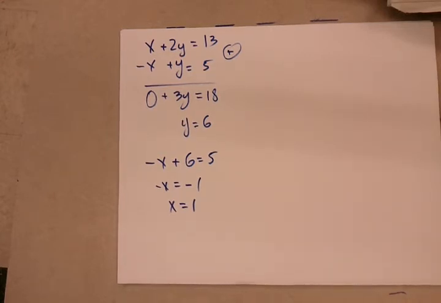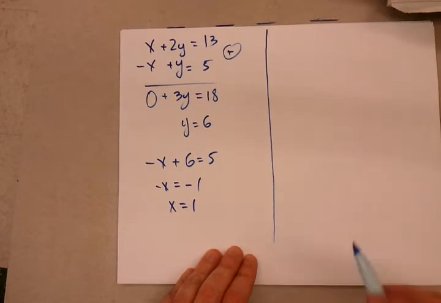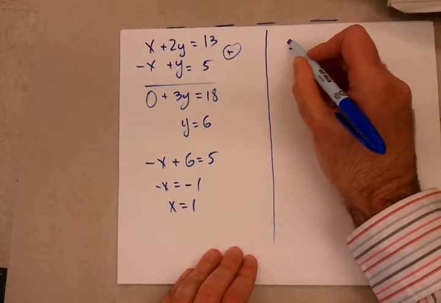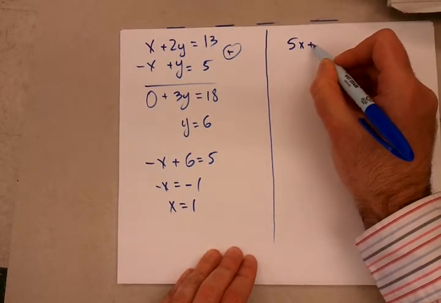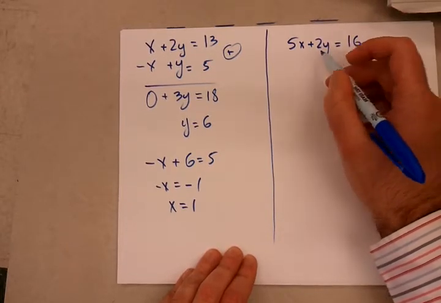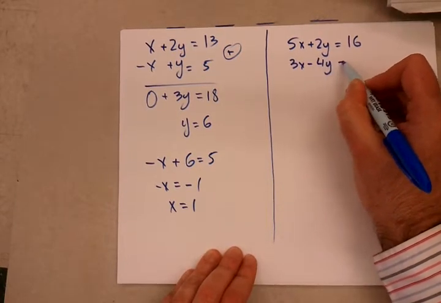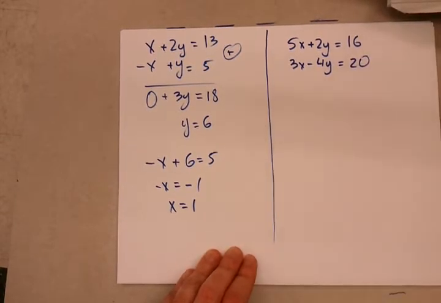But let's see what happens if we have a problem like this one: 5x plus 2y equals 16, and 3x minus 4y equals 20.